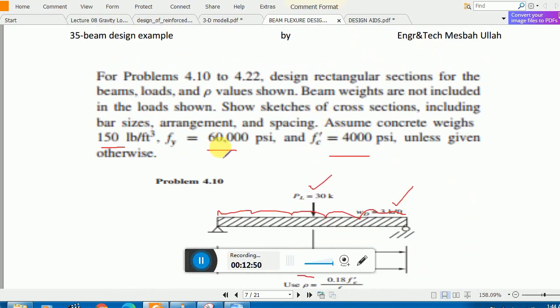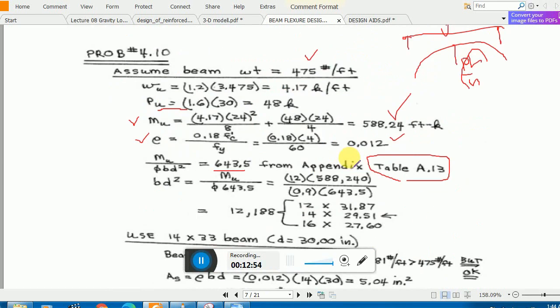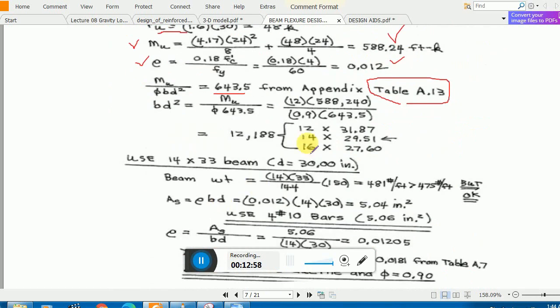But make sure you are in the right table, 60,000 and 4,000 concrete. Find out your bd squared value, suppose your b value, and find out your depth. So the section they are using is 14 by 33 inches, and the beam weight here is 481, which is greater than 475.